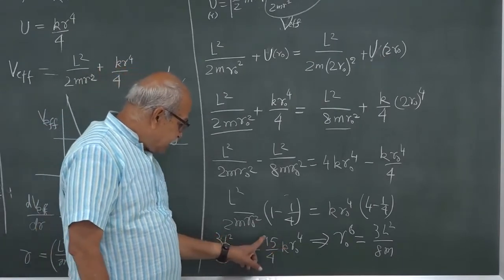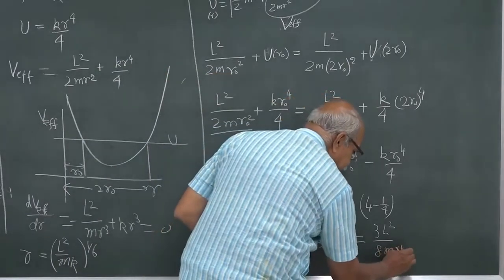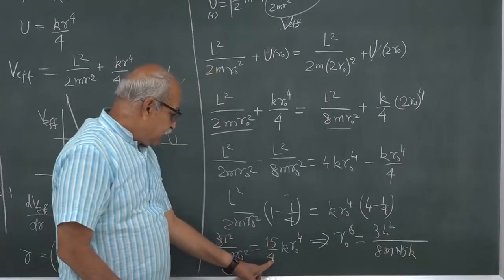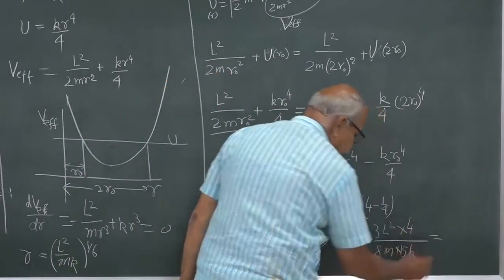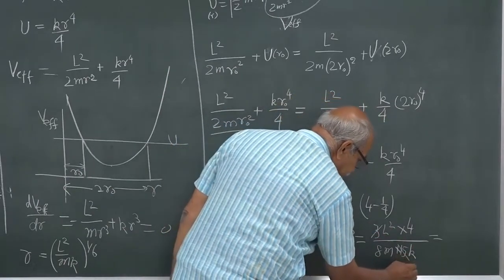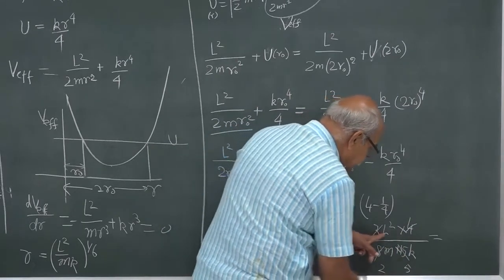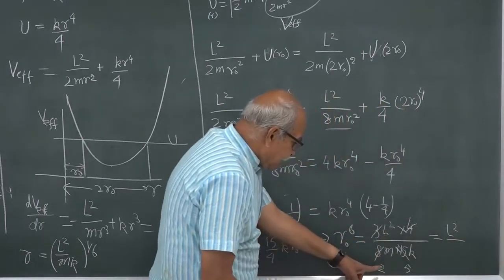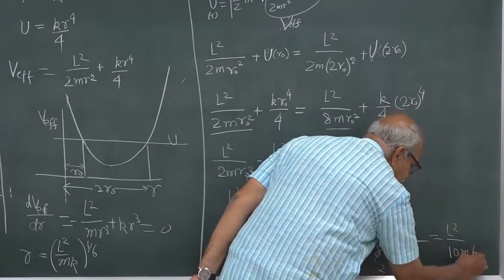So, this 15 k will come in the denominator, and this 4 will go in the numerator. So, this will be what? 3 and 15, so 5 here, 4 and 8, so 2 here. So, it is L square divided by 10 m k.